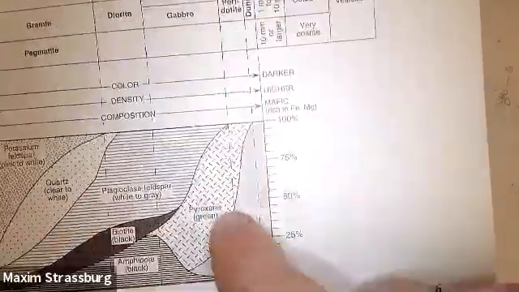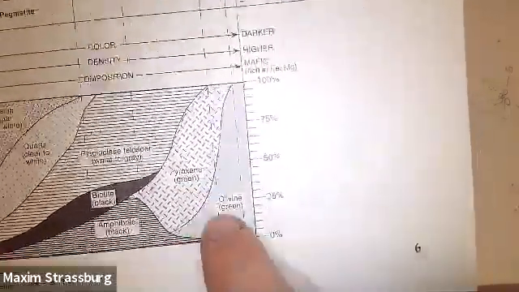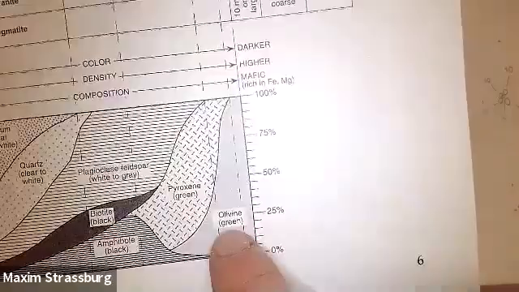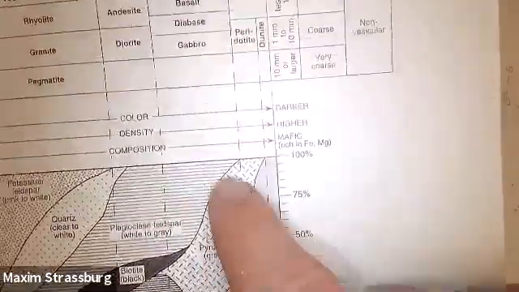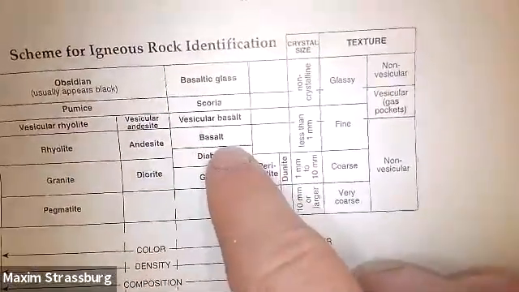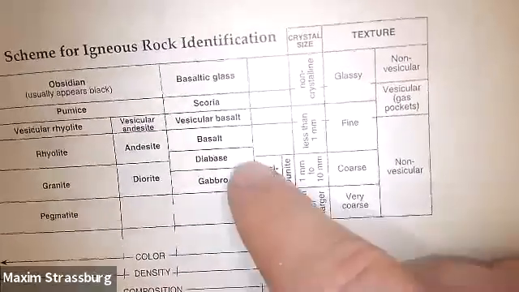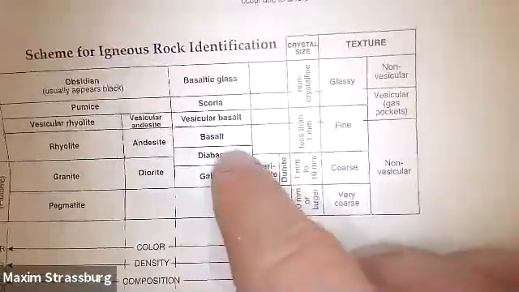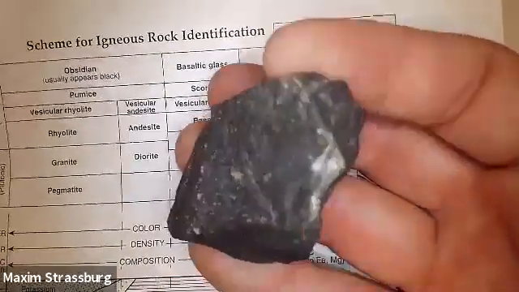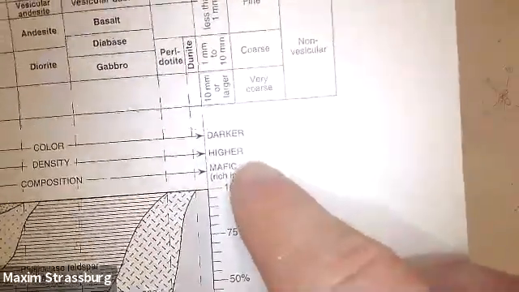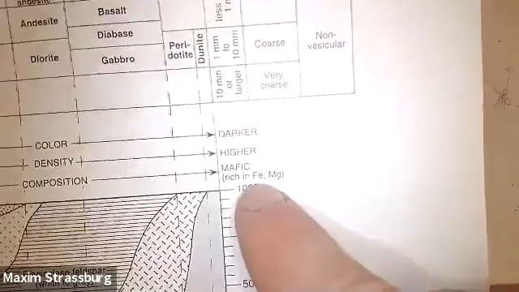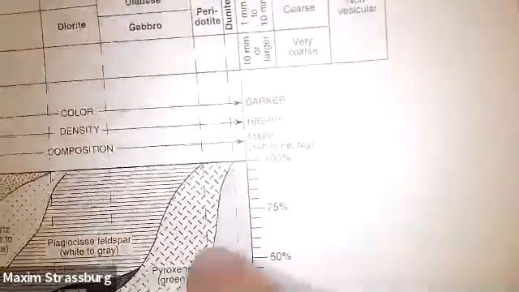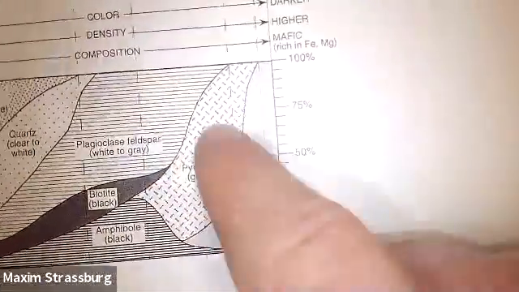And if I look down, I see pyroxene and olivine as two greenish minerals that are found within most samples of basalt. And so that's how I'm going to identify our fourth sample here as basalt. Okay. Darker in color, higher in density, mafic in its origins, and these are the minerals found within.